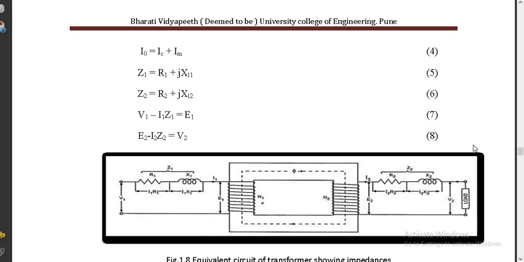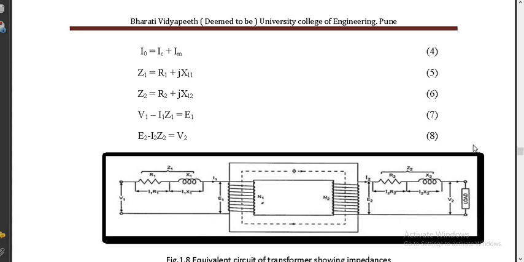But negations are very difficult to show on a phasor diagram. Normally on a phasor diagram we show additions. So to show this addition, the equations can be written as V1 is equal to E1 plus I1 Z1 and E2 is equal to V2 plus I2 Z2. While showing these two equations on the phasor diagram, we'll be showing those additions. We cannot show the negations.